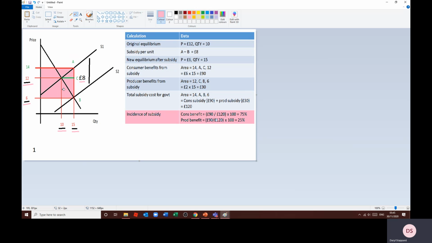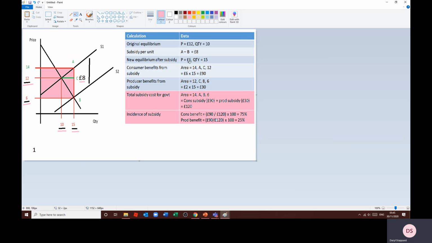So 15 times 8 would be £120. So the subsidy will cost the government £120.